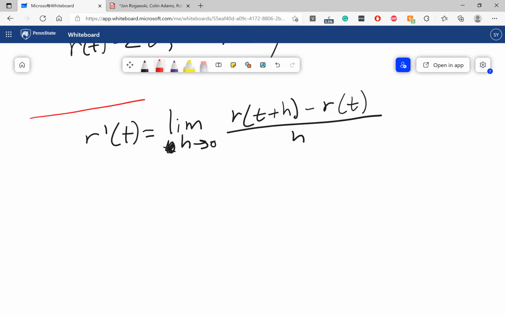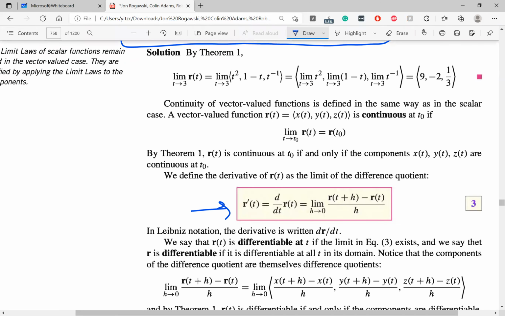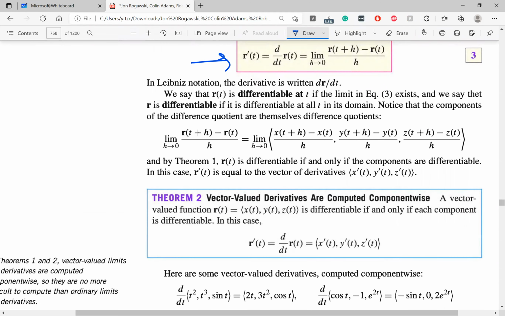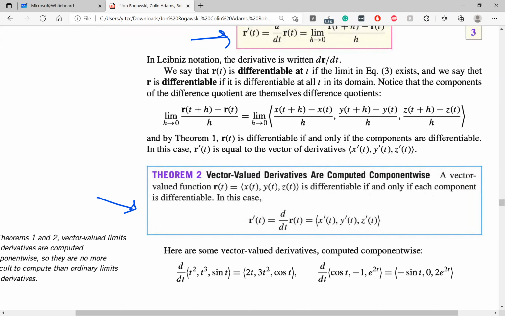So same exact formula that we've seen in Calc 1. But because the limit can go into every component, what we can in fact do when we want to take the derivative of r of t is we can just take the derivative of each component.